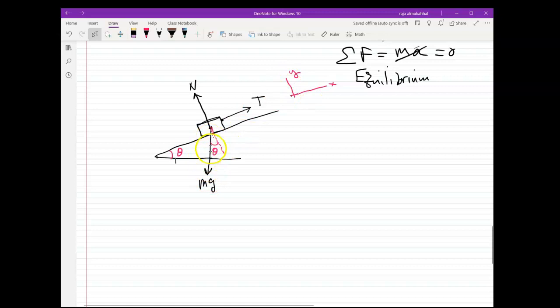The only one that is crooked, if you will, or oblique is mg. So I'm going to have mg cosine theta going this way. That's mg cosine theta. And then I have mg sine theta going this way.